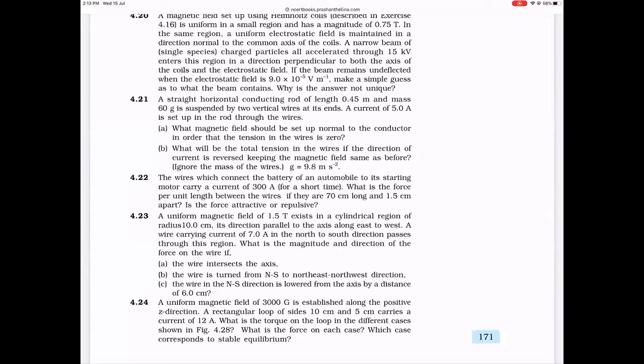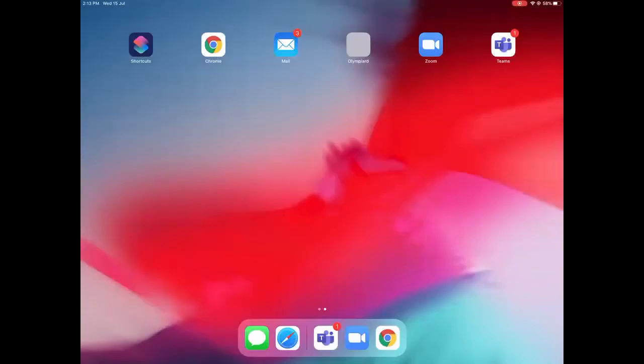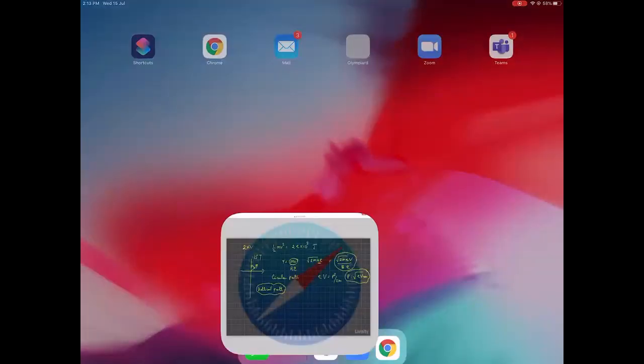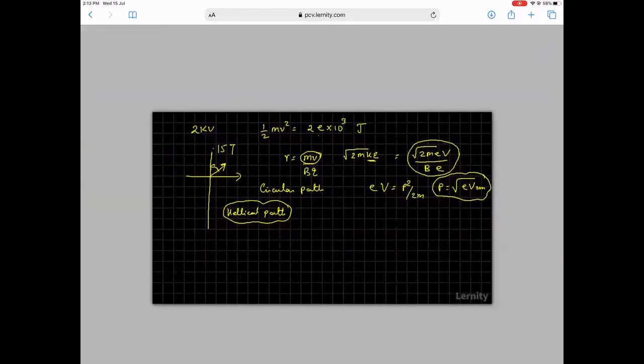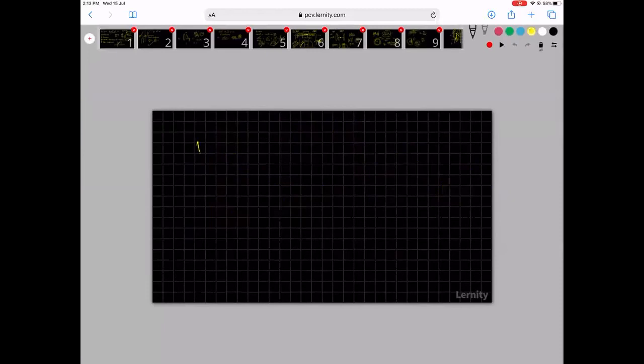Oh, we have to make a guess, right? So we can say that next one, we have V is equal to E by B. So we can find out E. Now half mv square is equal to Q into V, sorry.